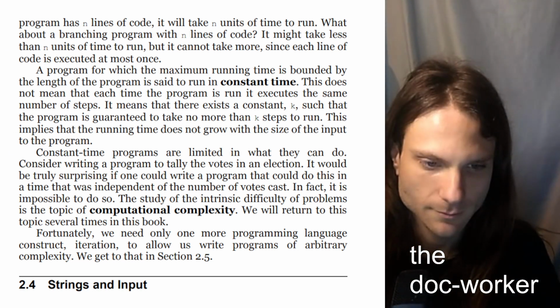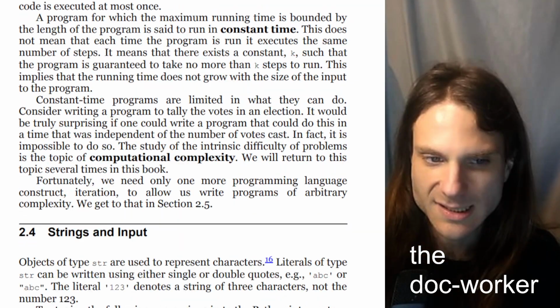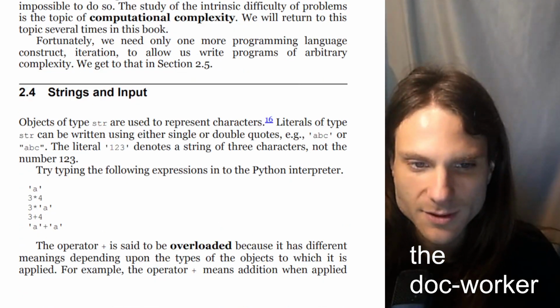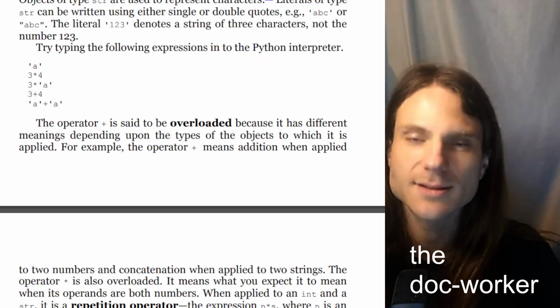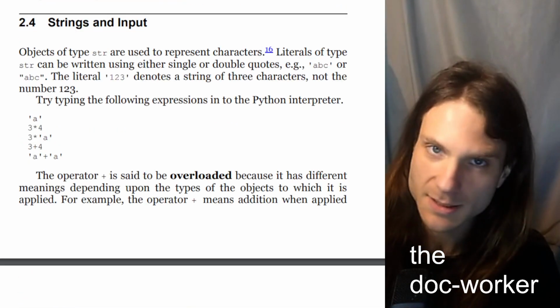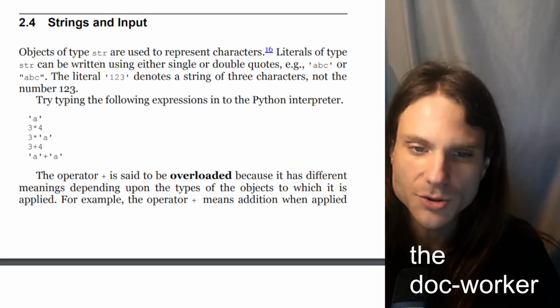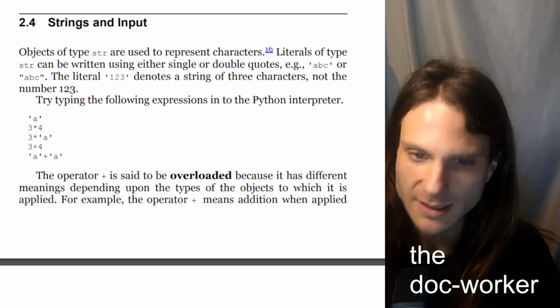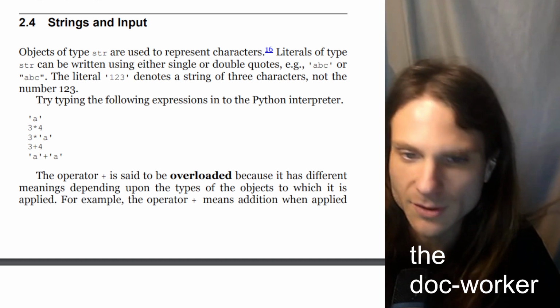Alright, 2.4, this is the last section for this reading for the second lecture. Strings and input. Objects of type str, string, are used to represent characters, as in alphanumeric characters.